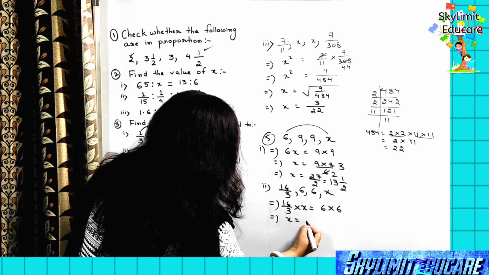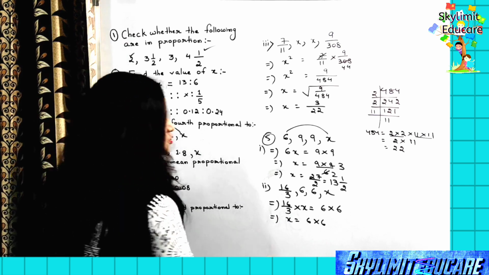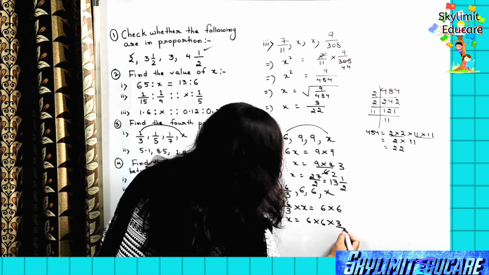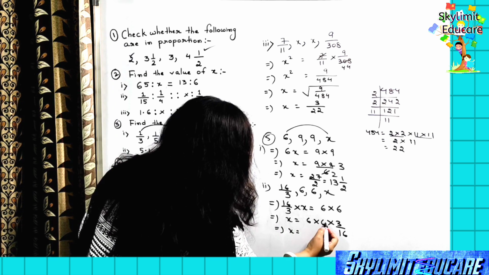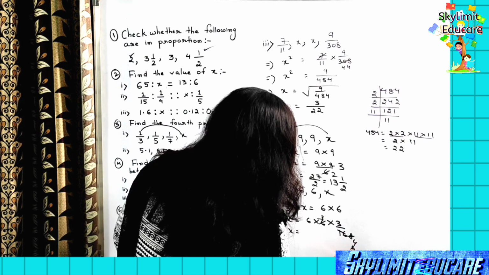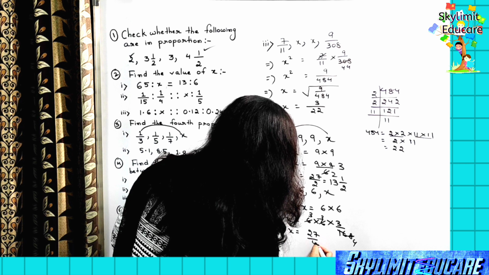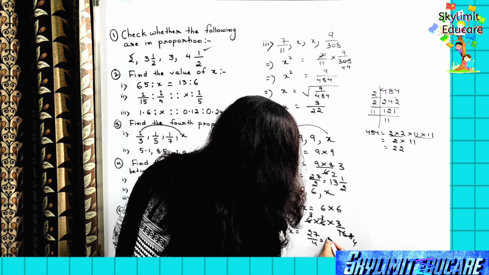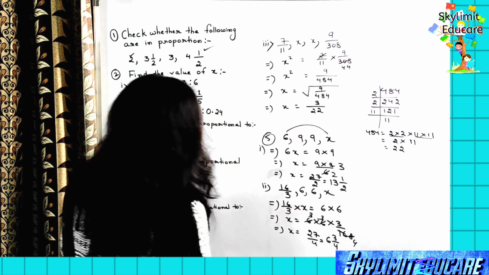So x will be equal to 6 multiplied by 6. Now 16 by 3 goes to the right hand side, so it is the multiplicative inverse, 3 by 16. Clear? So x will be equal to, let's cancel it, 2 3s are, 2 8s are, 2 4s are, 2 3s are. So we got here 27 by 4. That is equal to 6 whole 3 by 4.